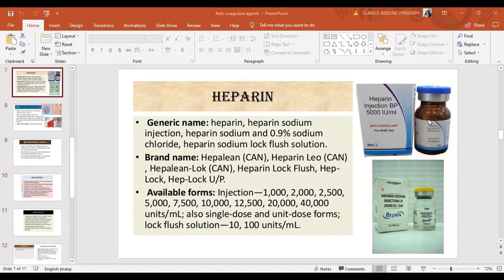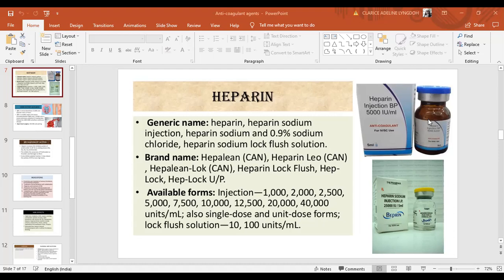First, feel the pulse of the radial artery, and wherever you feel the pulse, insert the 1 ml syringe needle at 90 degrees, a right angle, and then withdraw the blood. So that is the ABG procedure.